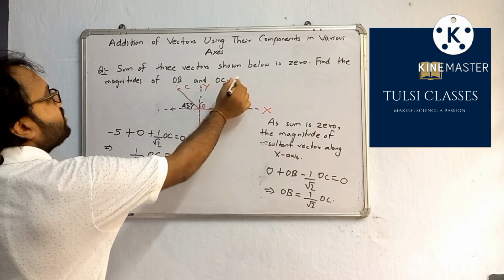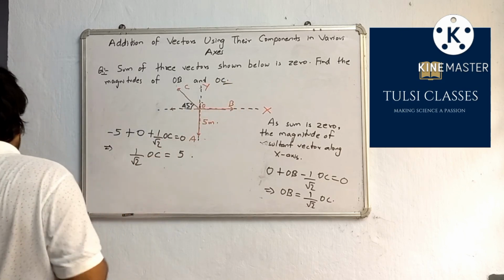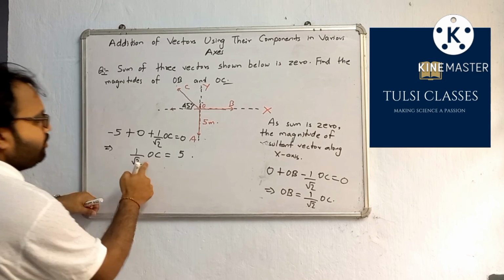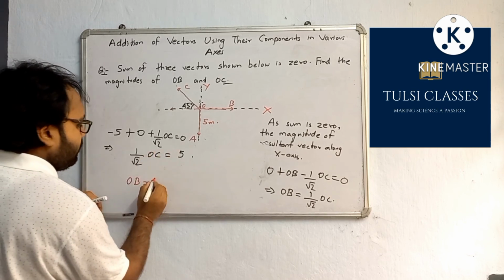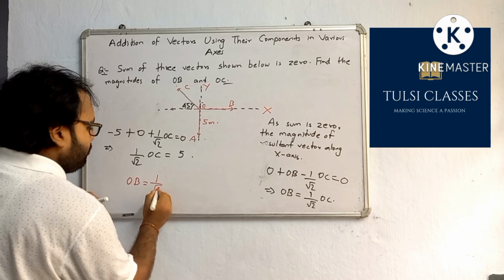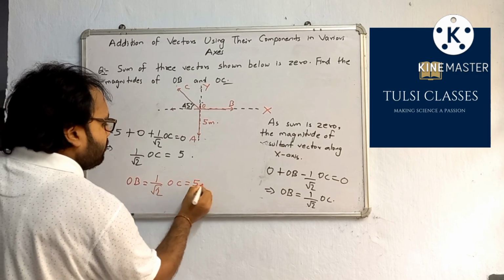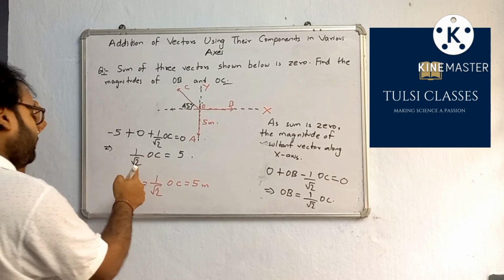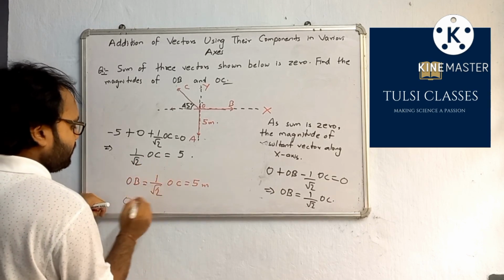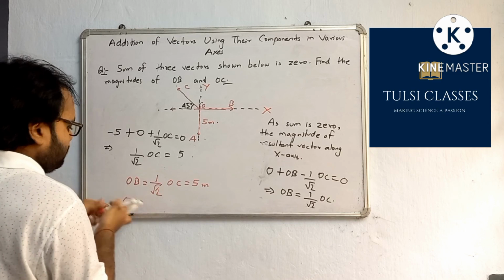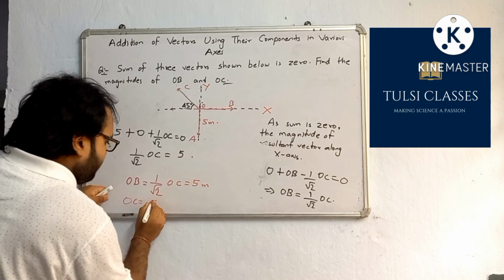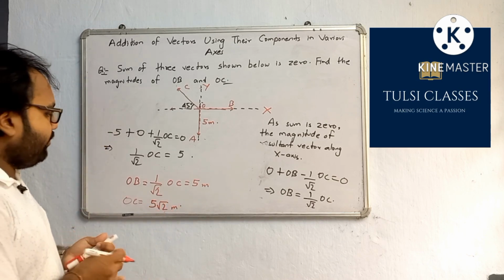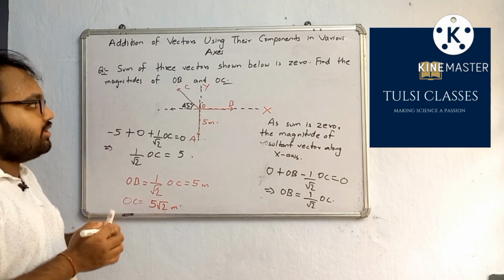We have to find the magnitudes of OB and OC. So OB is equal to 1 by root 2 OC, which is equal to 5 meter, and OC, transferring this, will become 5 root 2 meter. OB is equal to 5 meter and OC is equal to 5 root 2 meter is the answer that we are getting.